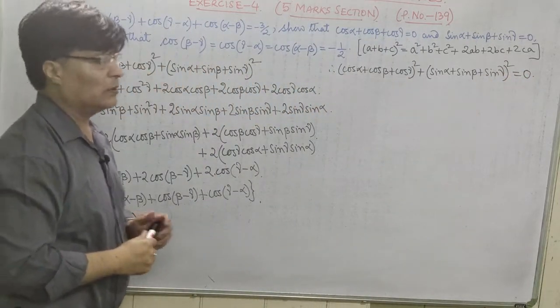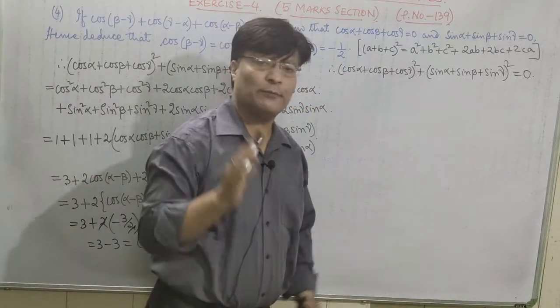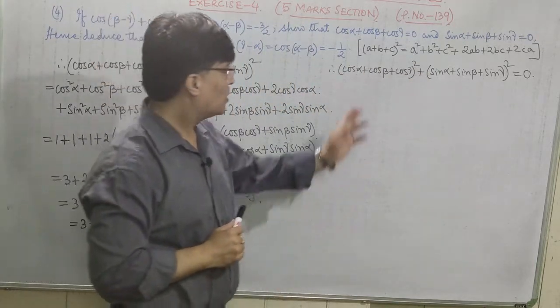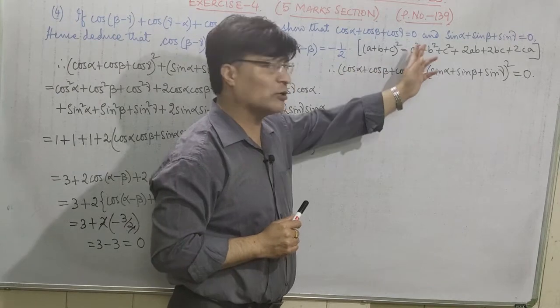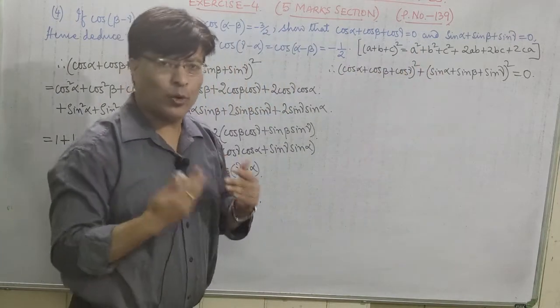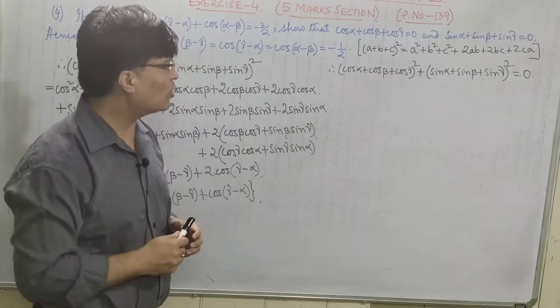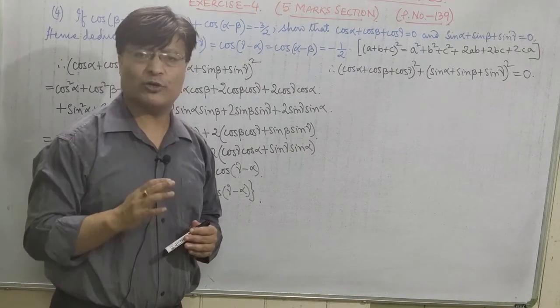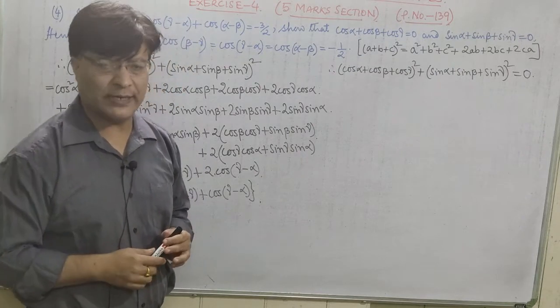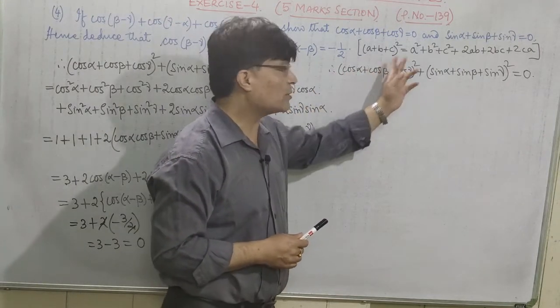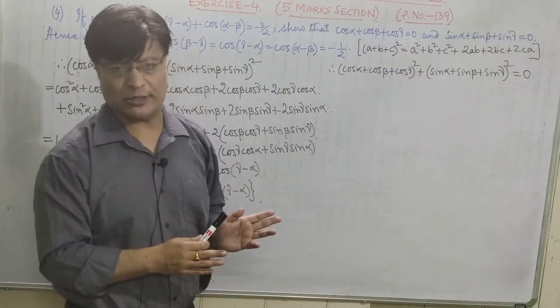So now both are the sum of two squares. Whatever may be the value of cos alpha plus cos beta plus cos gamma, whether it is positive or negative, because of this whole square it will always be positive.